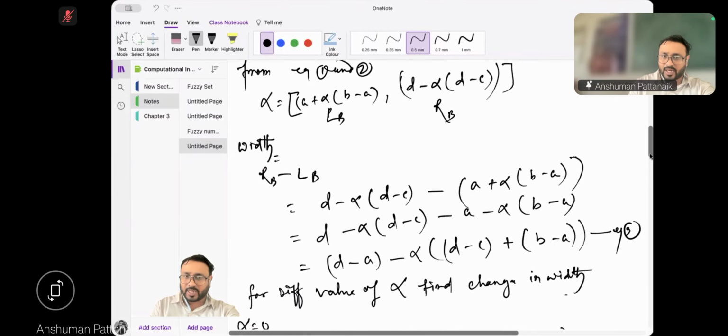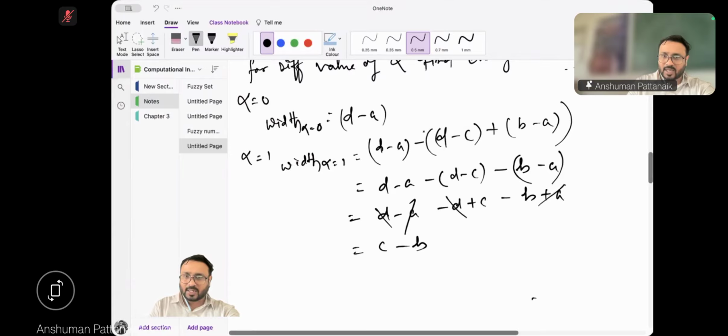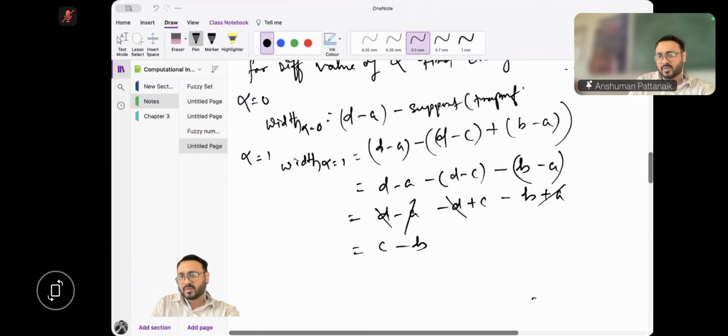So at alpha equal to 0, it is the support of the trapezoidal MF, and at alpha equal to 1, it is the core of the trapezoidal MF.